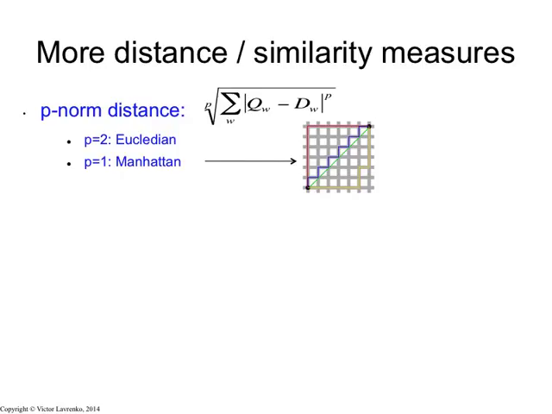You have to walk in funny little zigzags, and all the distances, the red and the blue and the yellow, are exactly the same. You take the difference in the x value between the 2 points and add the difference in the y value between the 2 points. That's Manhattan distance, and you get it by setting p equals 1 in the p-norm.